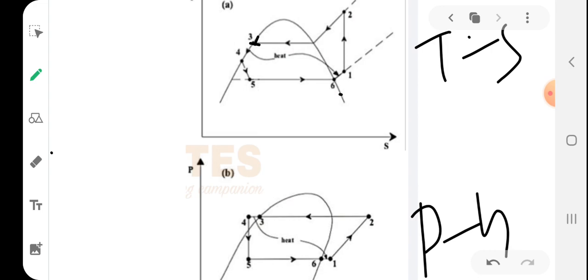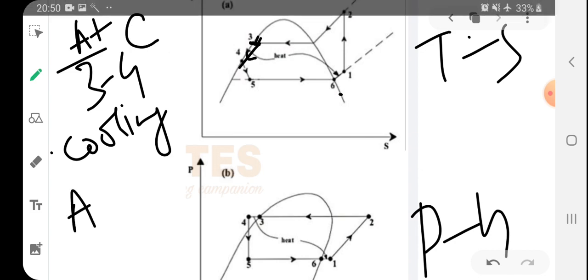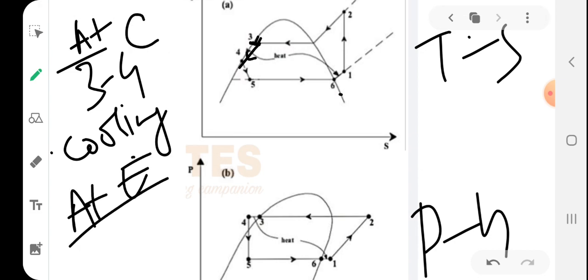Due to that transfer of heat, the liquid gets cooled from 3 to 4. At the evaporator side, heating takes place from 6 to 1. Actually it should be at 6, now it is heated to 1.